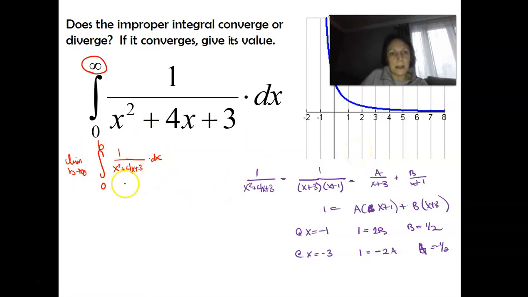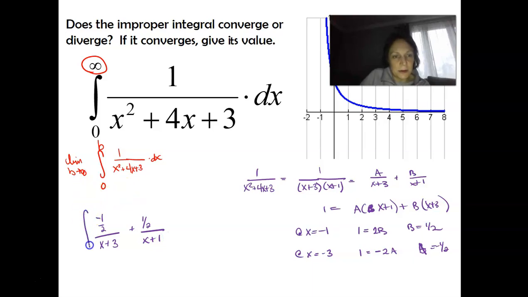All right, so I'm rewriting this integral as -1/2 over x plus 3 plus 1/2 over x plus 1.